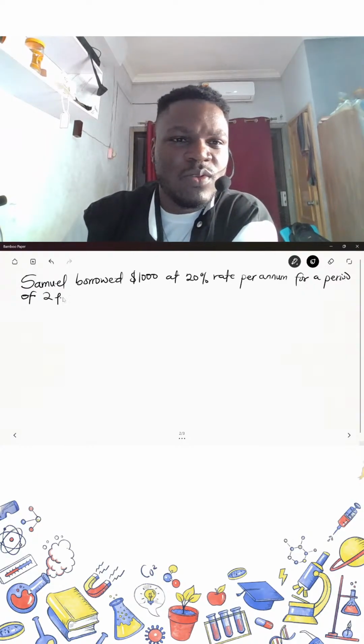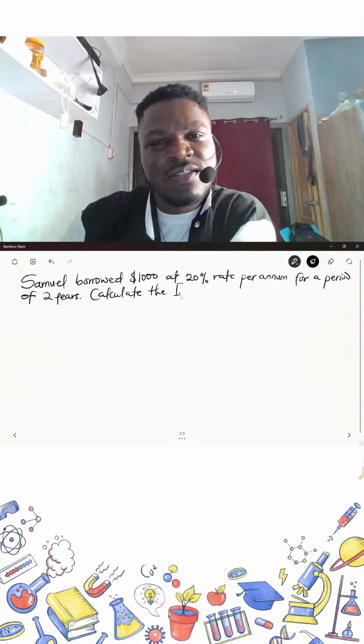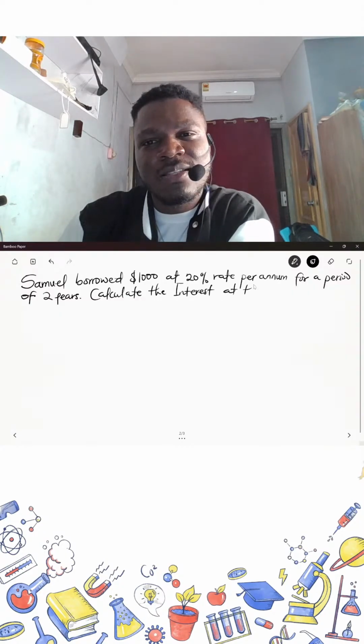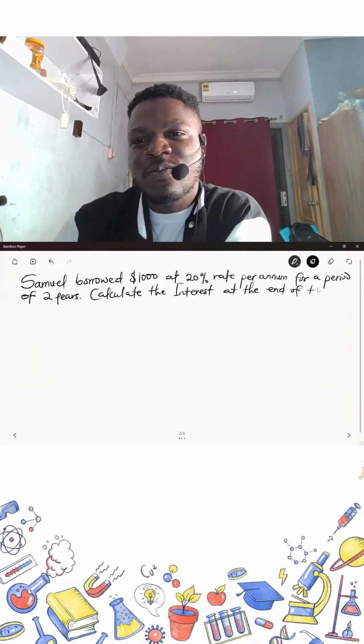A period of 2 years. You are to calculate the interest at the end of the given time.